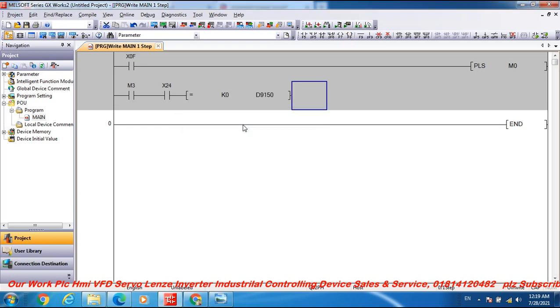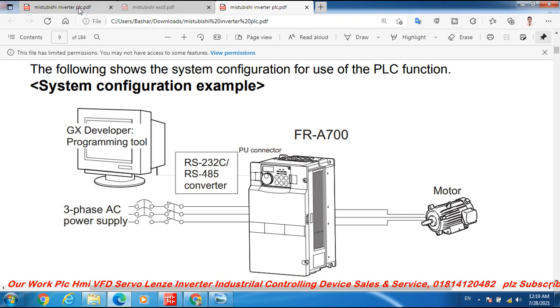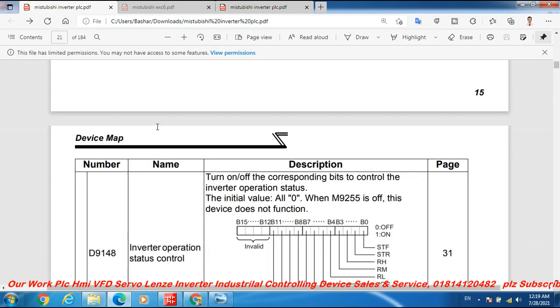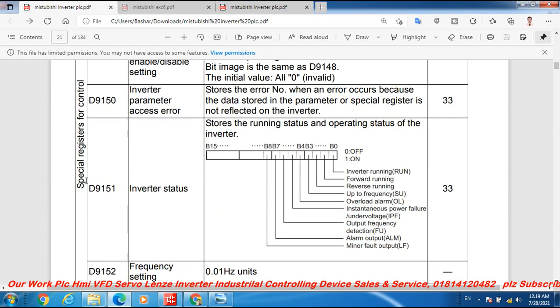Inverter special register 9150, a special register for control D9150, inverter parameter access error. It stores the error number when an error occurs, because the data stored in the parameter or a special register is not reflected on the inverter.